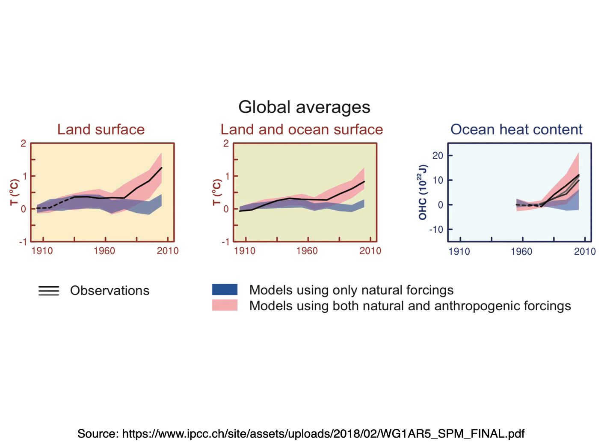The middle graph shows combined land-ocean surface, and then the final graph just looks at ocean heat content, how it's changed, observations, model predictions with anthropogenic forcings, and model changes with just natural forcings. So there, once again, we see this disconnect.